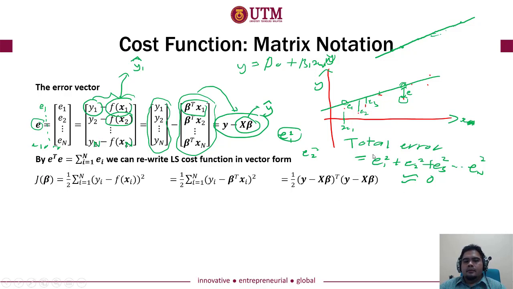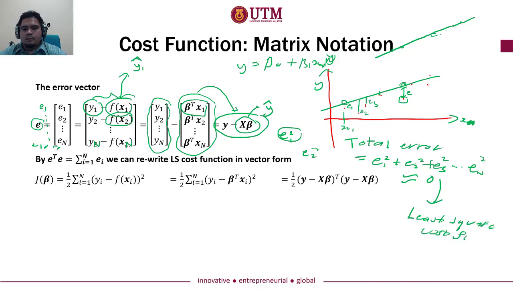Okay, so when you are measuring something like this, this is what we call a least square cost function. Least square cost function means that you square all the errors and you total up the errors.